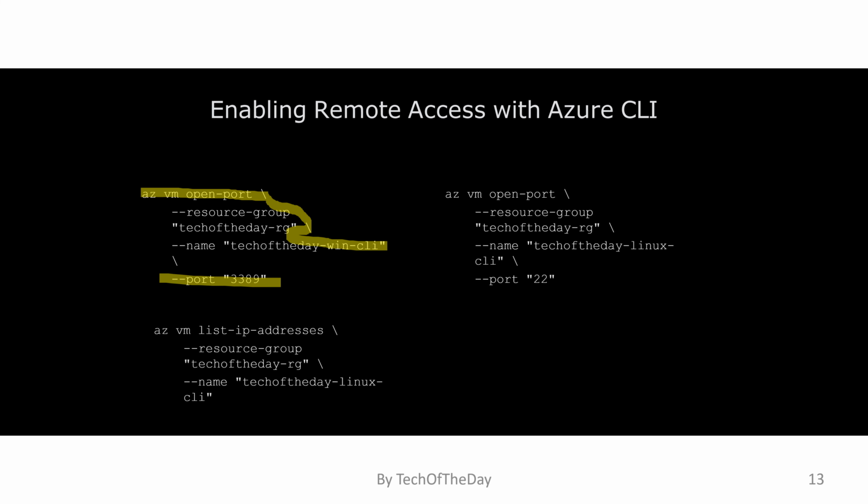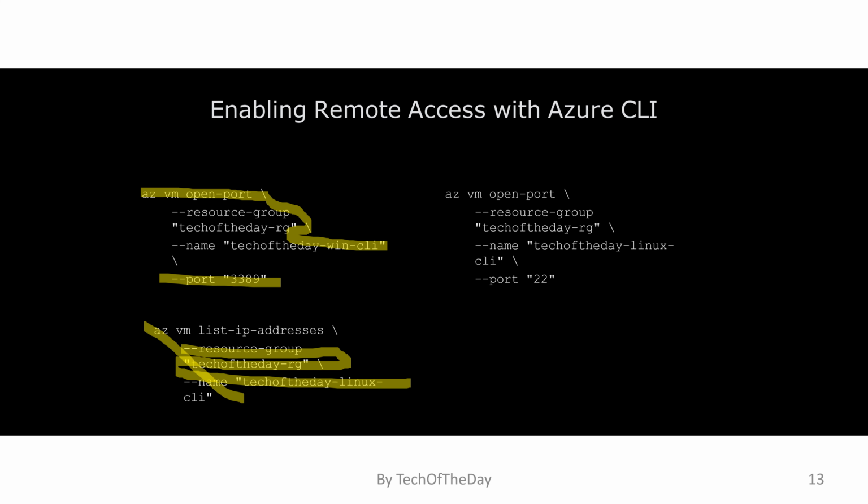Then here we have the command az vm list-ip-addresses, which lists the IP addresses. We specify the resource group and the name of the VM, and it will list all the IP addresses, including the public IP address of this virtual machine.